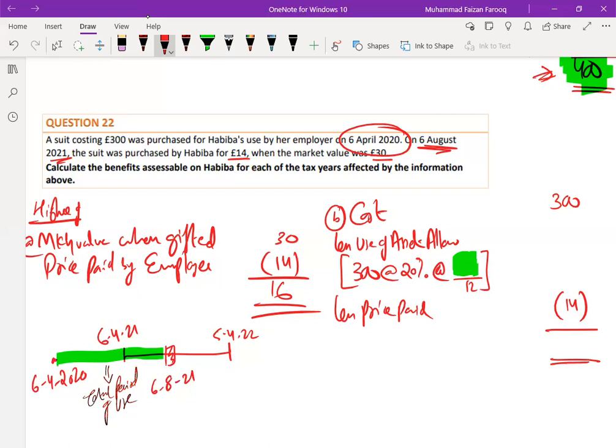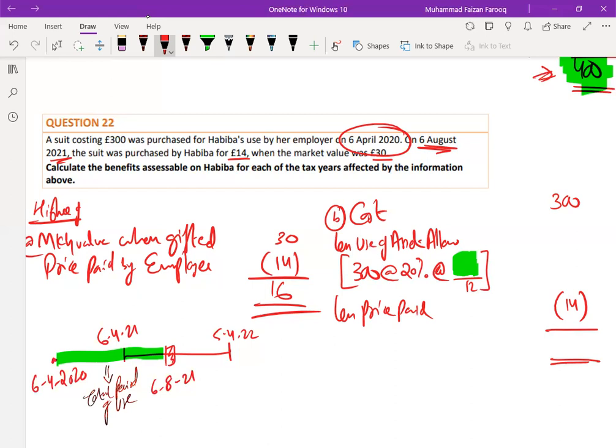So 5 months till August 2020. But we are not ending at August 20. We need to move till August 21. So we continue counting. April, May, June, July, August, September, October, November, December, January, February, March, April, May, June, July. August we are not going to calculate because it's just 6th of August.